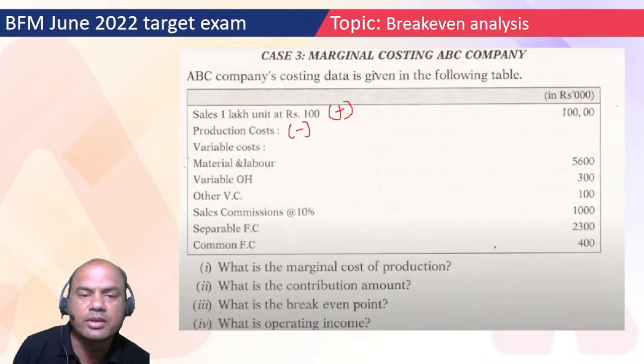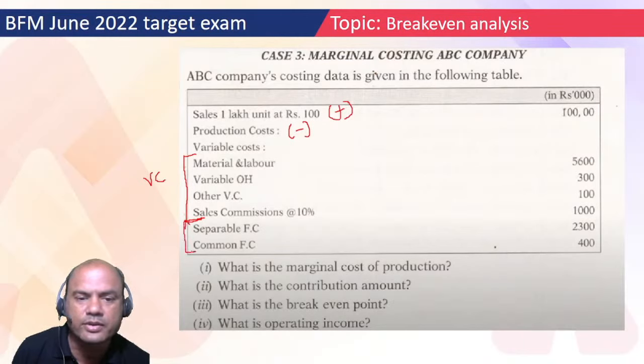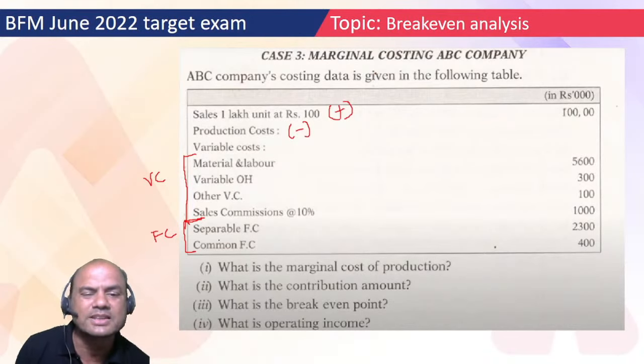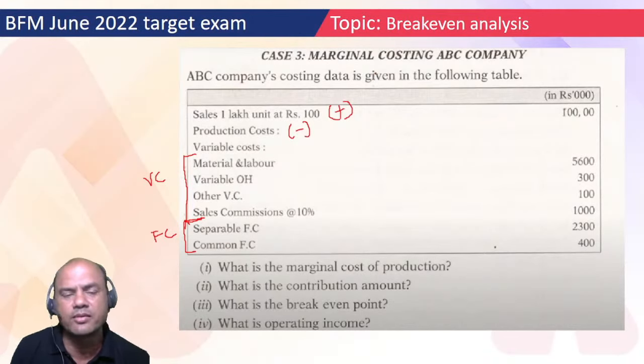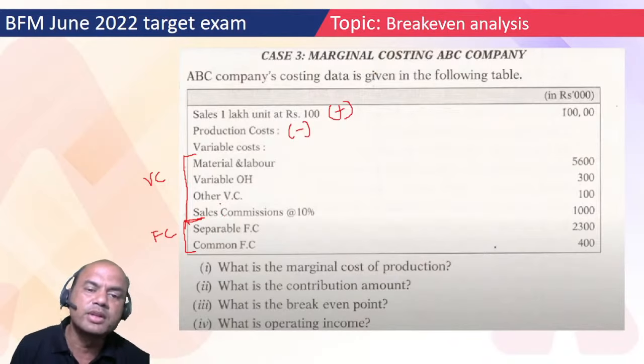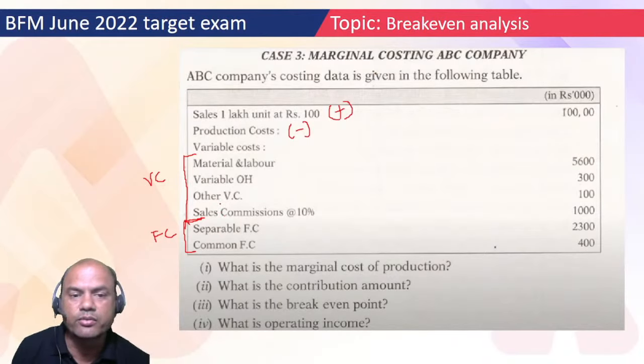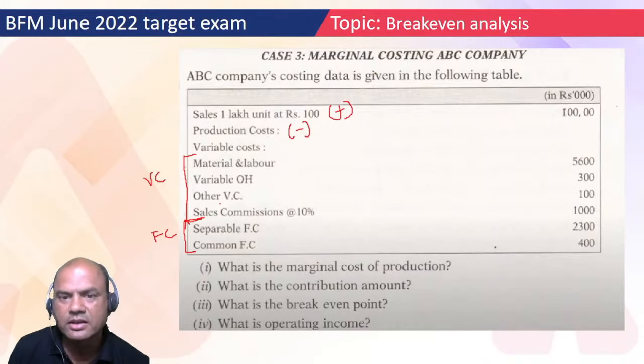One is this variable cost over here, from starting from here to up to over here. Okay, this is VC, variable cost, and this is fixed cost. This remaining part is the fixed cost, FC, fixed cost. Okay, separable and common. Don't take separable and common, take common, everything same only. Okay, so there are two costs available over here now, variable and fixed. Okay, but after all these are costs, right? So everything is minus for me, right?